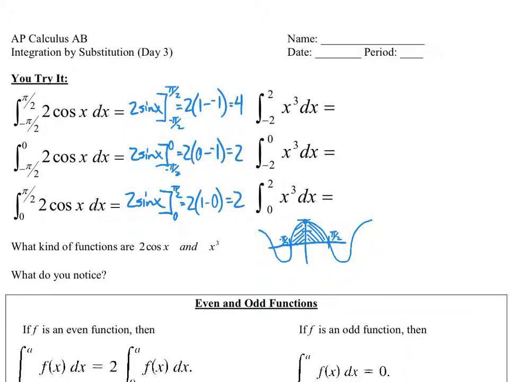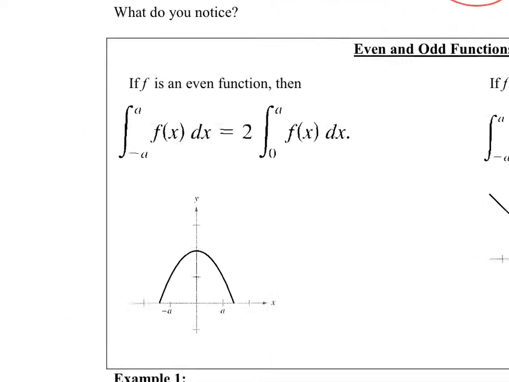So here you'll notice the area that we got from negative pi over 2 to 0 was the same as the area we got from 0 to pi over 2. That's because of the symmetry. And that gives us what we see right here.